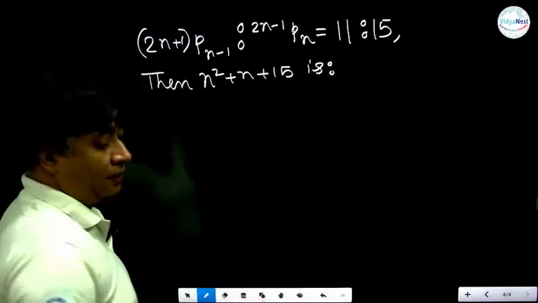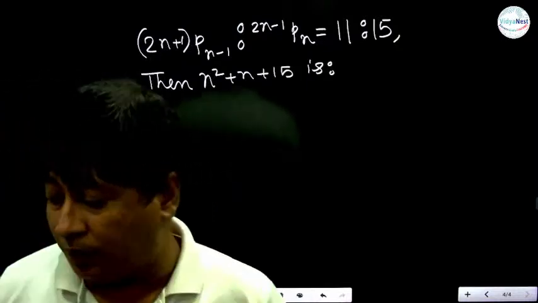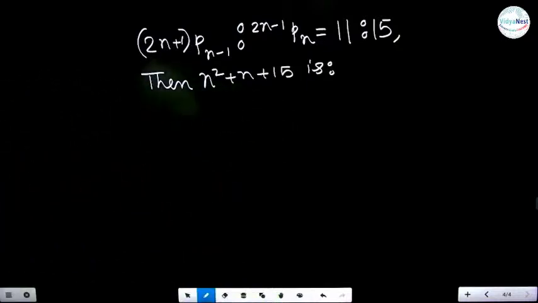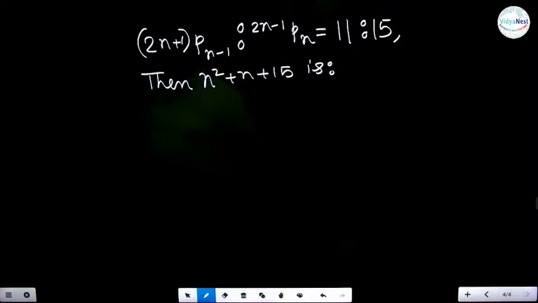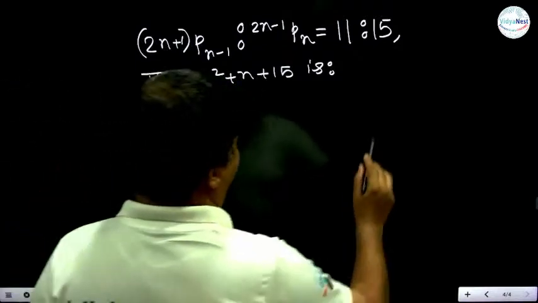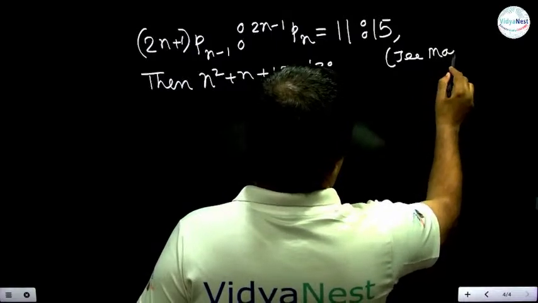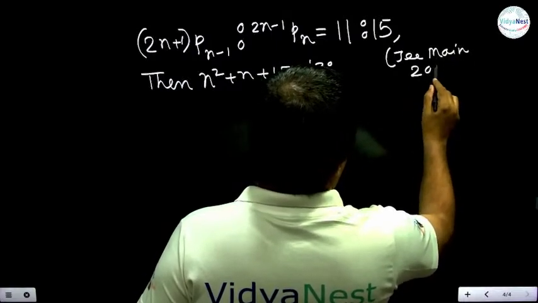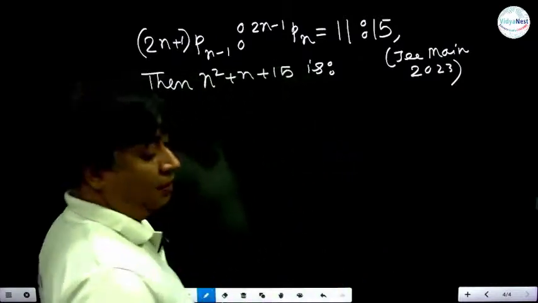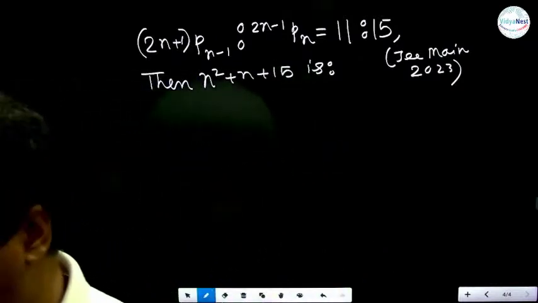No option given. What is the specialty of this sum? It came in JEE Main 2023. That means in JEE Main you can expect one sum from basic level permutation also.